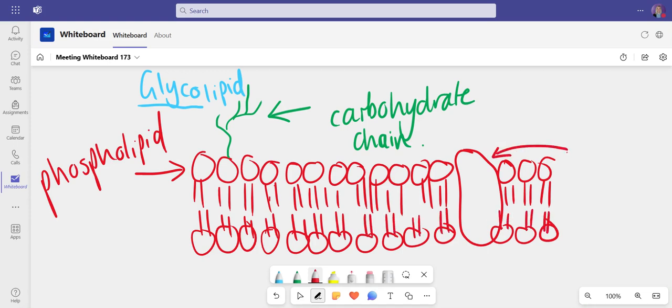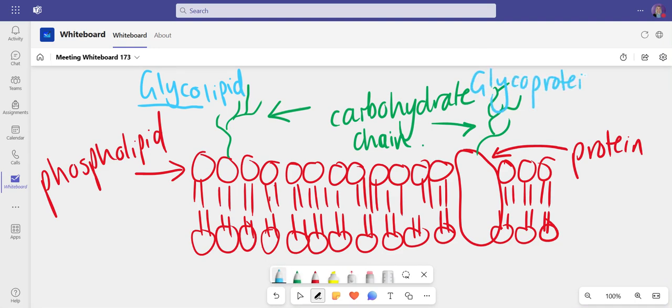So this big molecule here is a protein, and sometimes we get a carbohydrate chain attached to a protein, just the same as it attached onto that phospholipid, so that carbohydrate chain there. And this time that molecule is called a glycoprotein. So a glycolipid is a carbohydrate stuck to a lipid, and a glycoprotein is a carbohydrate chain stuck to a protein.